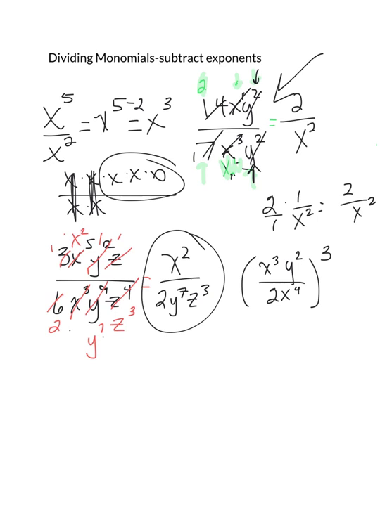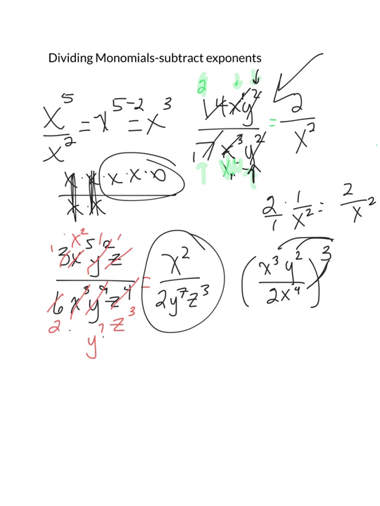So this last one, we are dividing, and then we're taking that monomial to the third power. So you could either distribute this 3 to each piece first, numerator and denominator, or you can simplify within first and then evaluate the third power.